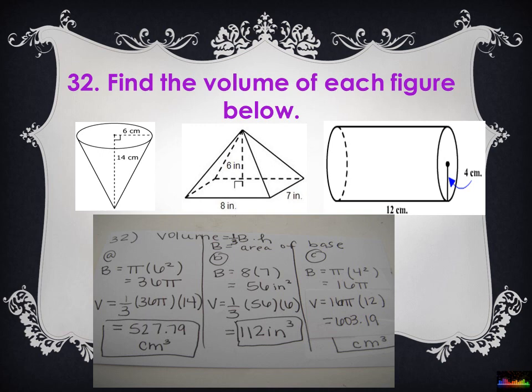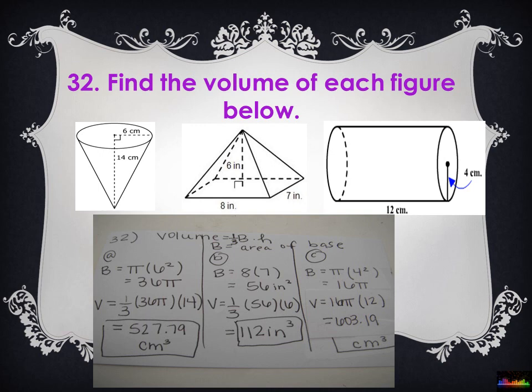When you plug this into the calculator, you may end up with an answer that has pi in it. To change it to be a decimal, you press the button above enter. And you should get 527.79 centimeters cubed.